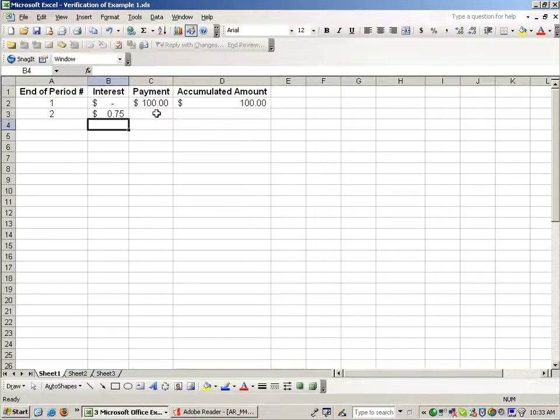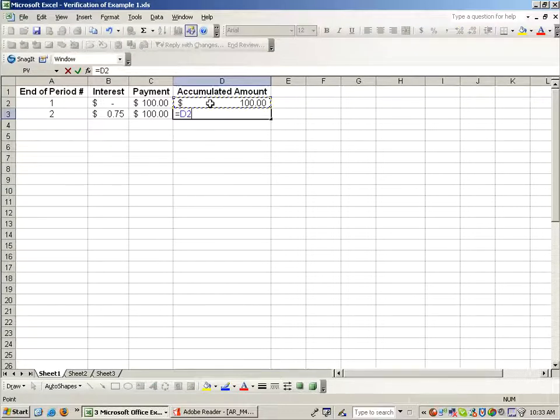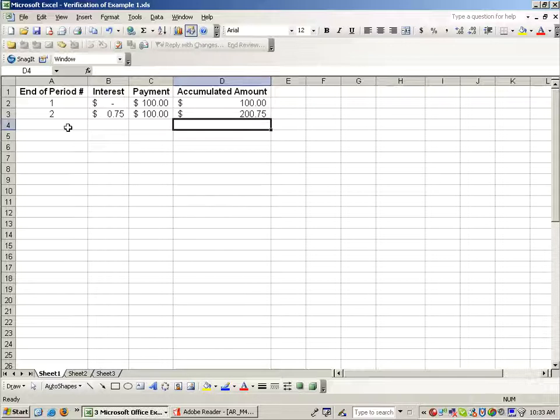So we have 75 cents interest. At the end of period 2, we have also deposited another $100 payment. So really, at the end of period 2, we have the first $100 that we put in plus the interest, and then plus the second $100 that we put in. Okay? So at the end of period 2, we have $200.75.